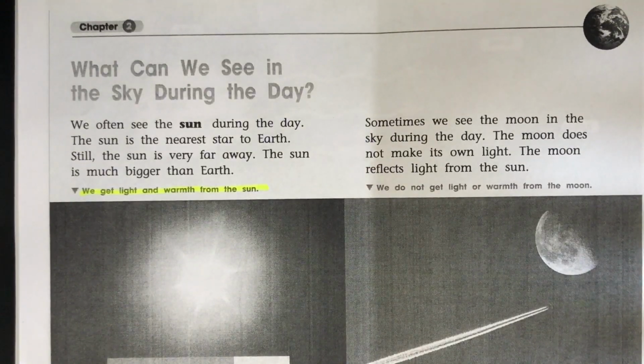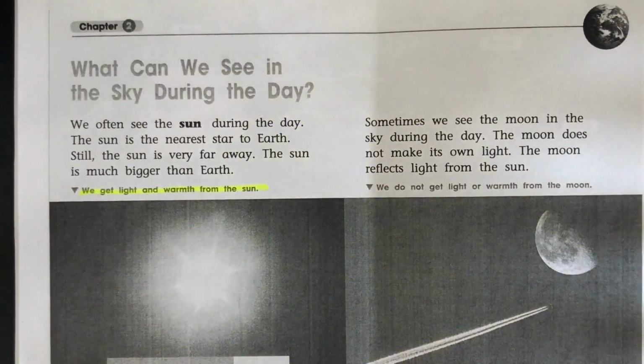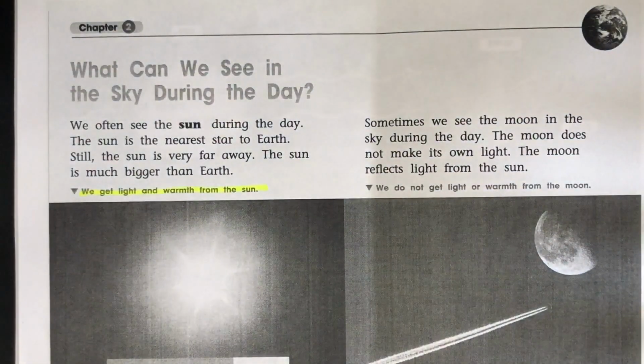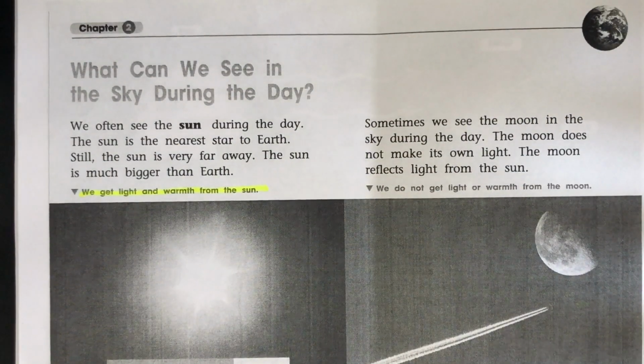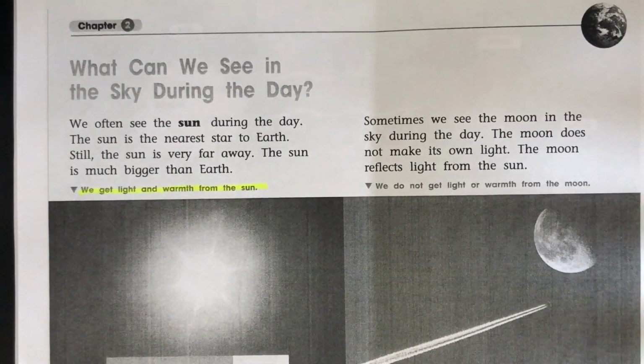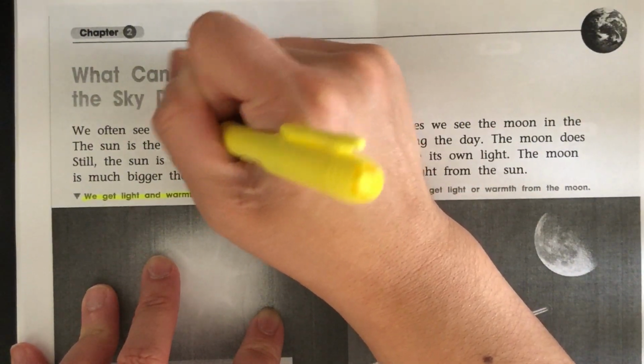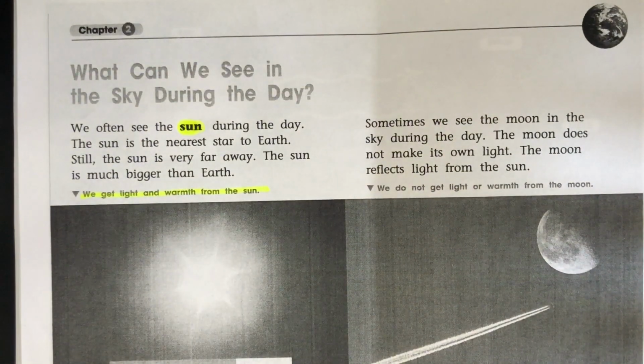So remember that one of the words we were looking for is the word sun. And what I want you to do right now is use the context clues, or use the words around the word sun, that will help you find out what that word means. Maybe there's a sentence. Maybe there's two sentences.